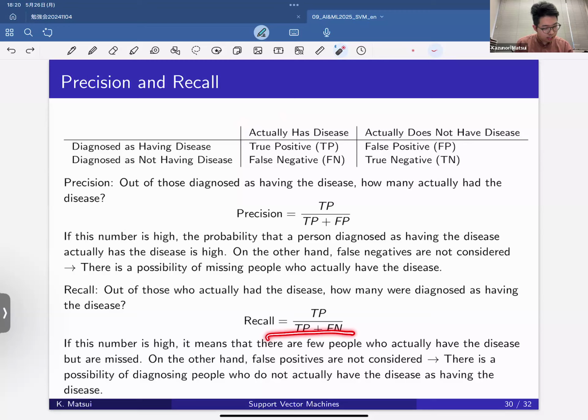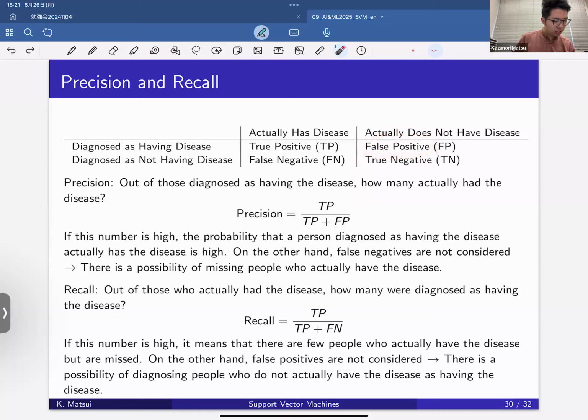So if this number is high, it means that there are few people who actually have the disease but are missed. On the other hand, since false positives are not included in this calculation, even if this recall is high, there is a possibility of many false positives. So there is a possibility of diagnosing people who don't actually have the disease as having the disease.